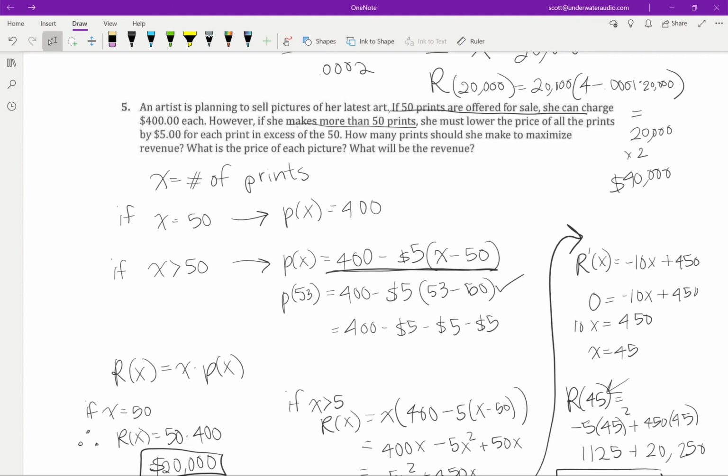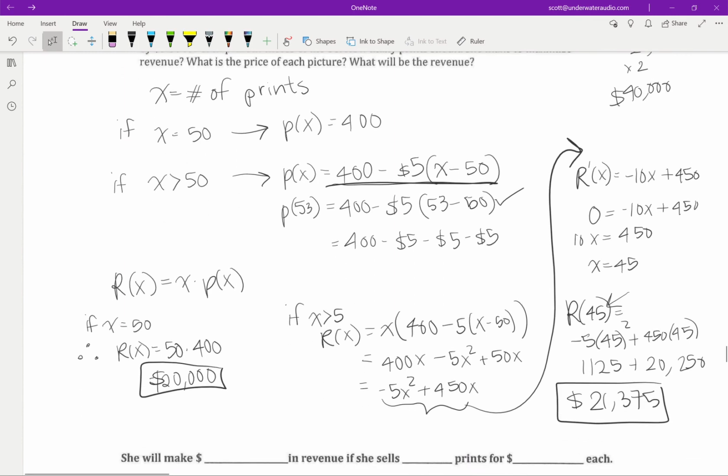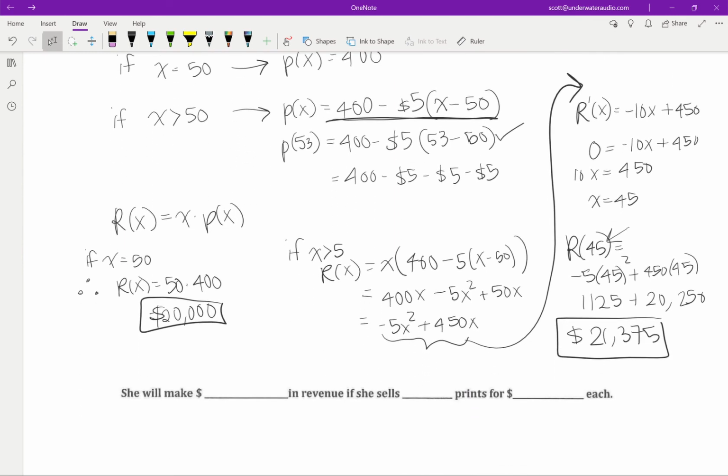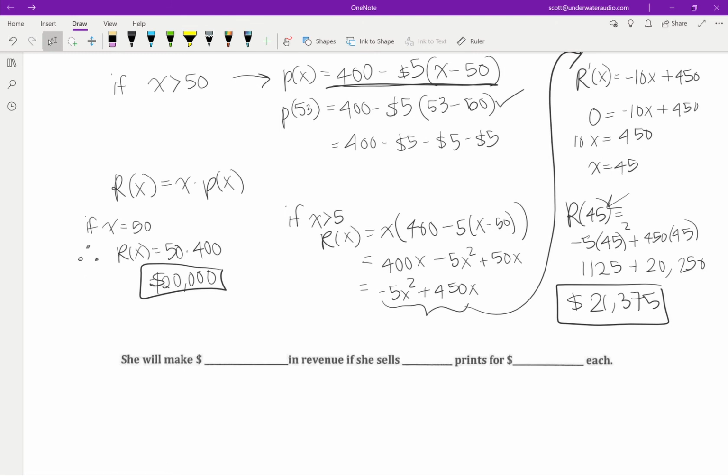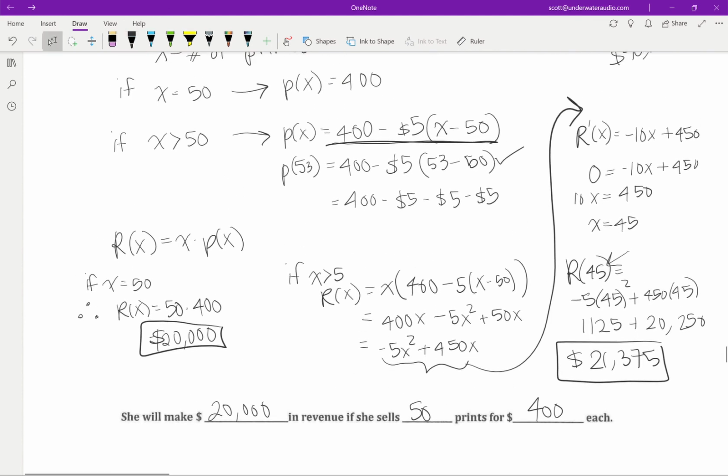So 45 seems like it would be a better option, except that that wasn't one of the options given in the domain. So I think she will make $20,000 in revenue if she sells 50 prints for $400 each. It's kind of interesting. Okay, if there are any questions, ask them on the discussion board.